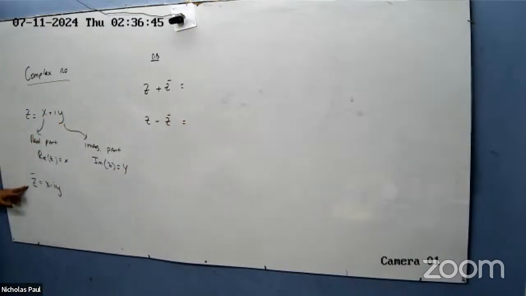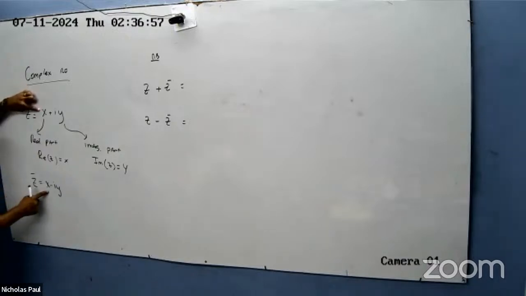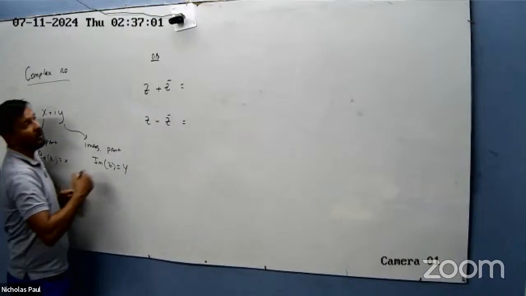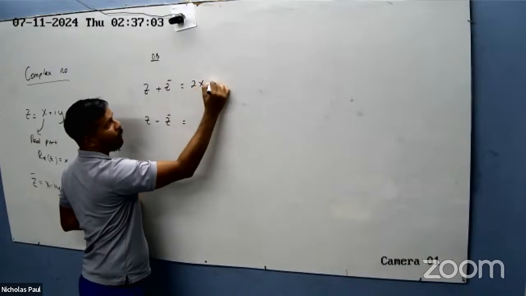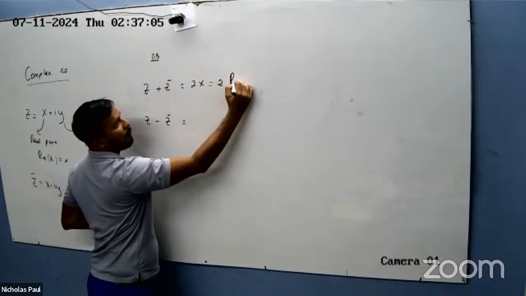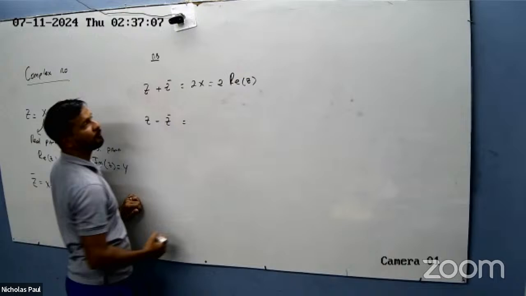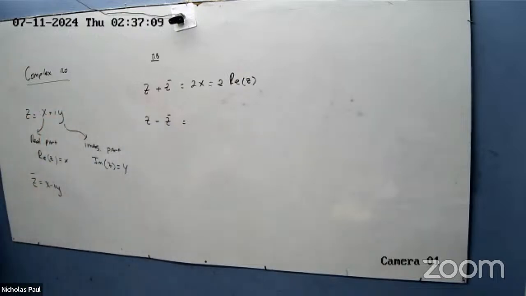Look at z and look at z hat. x plus x is 2x, and the imaginary parts cancel. So you will get 2x, or you could write it as 2 times the real part of z. So it's always going to be twice whatever the real part was.